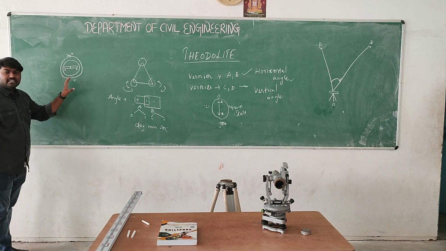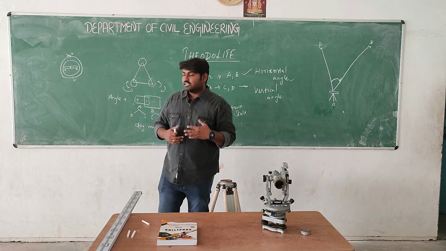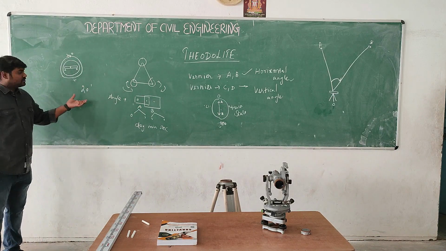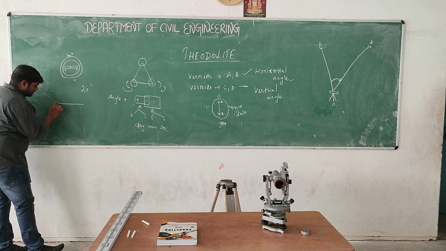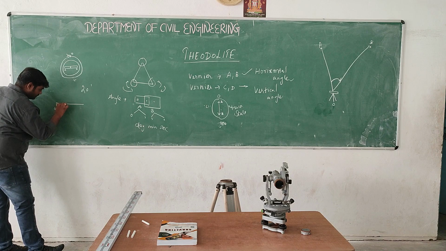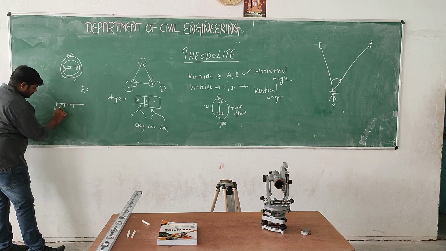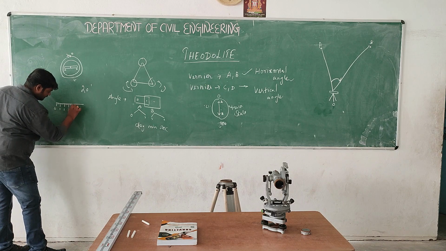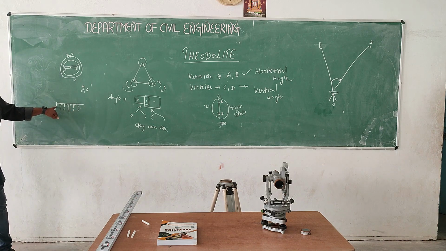Before going to the reading, we have to know the least count of this theodolite. The least count should be 20 minutes. The main scale indicates 0, this is 20, 40. So 0 degree, 1 degree, 2, 3, 4 and then 5 degrees.